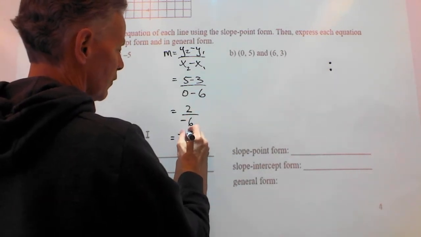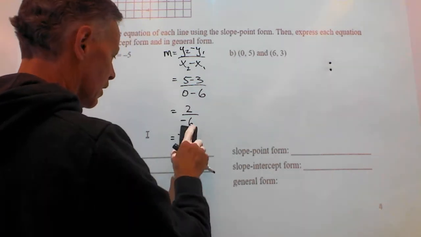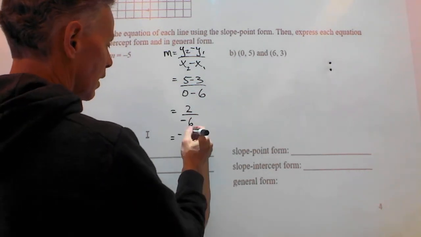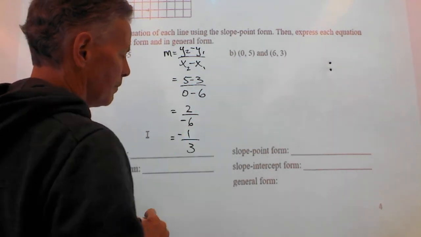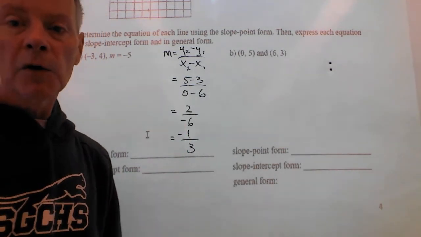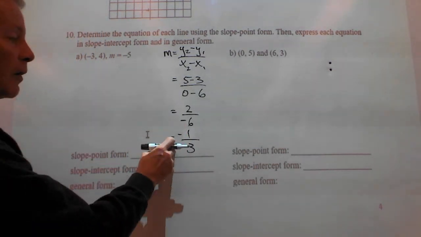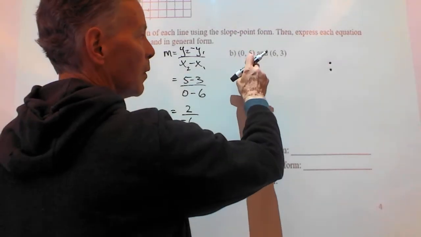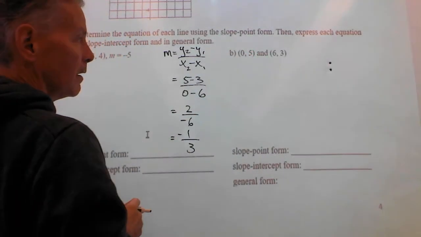And in simplest form, that becomes negative 1 over 3. I just like to put the negative sign up top in fractions. So there's our slope.